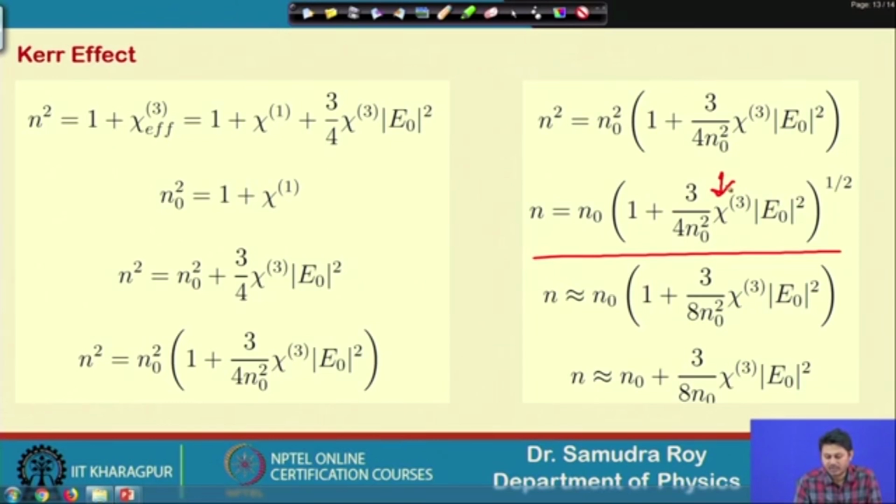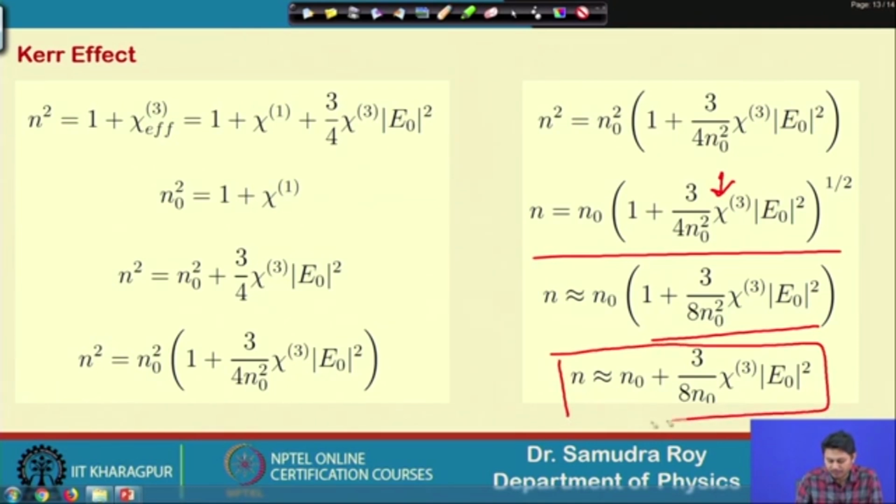Since it is a very small term, I can approximate it to first order, and it will be simply 3 divided by 8 n 0 square chi 3 mod of E square. So, my total n is now n 0 plus something.